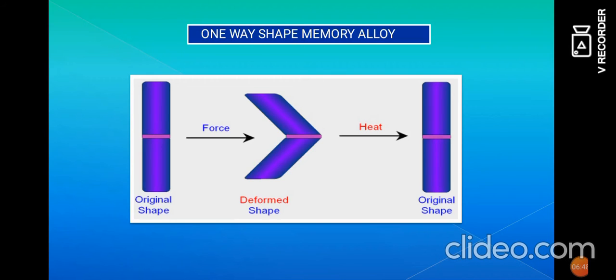Further heating this deformed shape memory alloy, what happens? It will regain its original shape. Therefore, when we apply the heat energy, the material will regain the original shape. This process is called the one-way shape memory alloy.